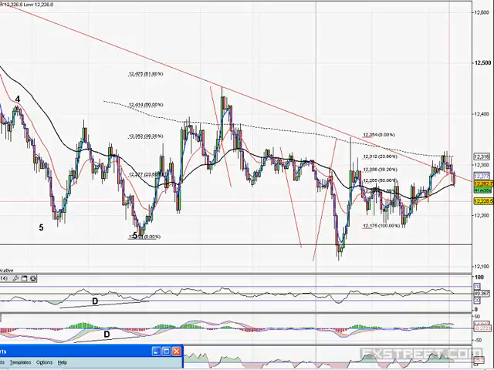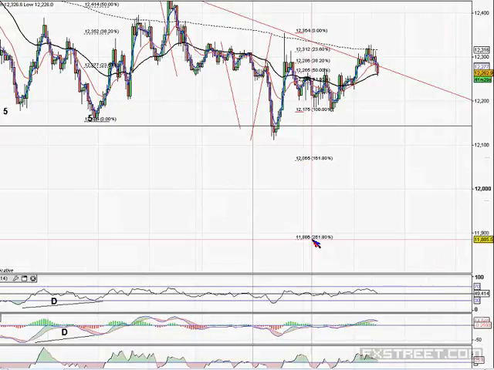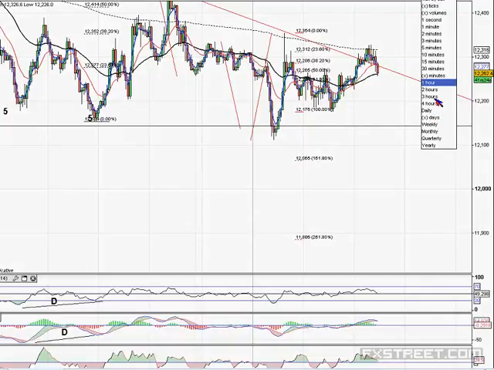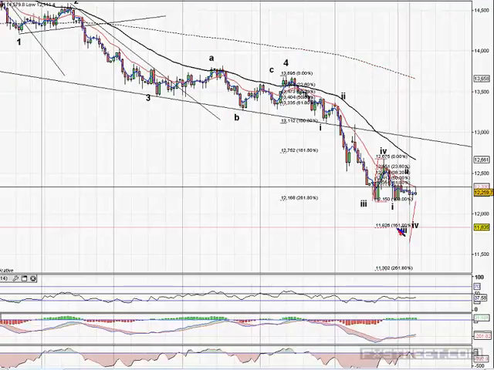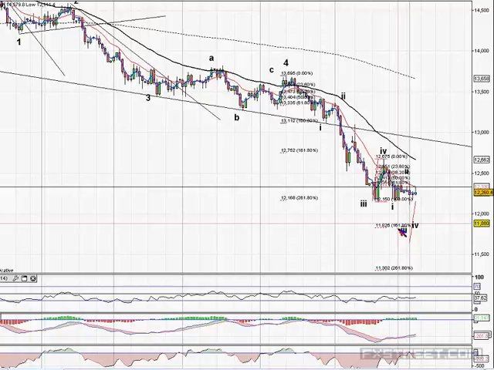Well, let's just see if that lines up. 118.86, daily. Not a million miles off. 118.26, 118.86, so it's about 60 pips different.